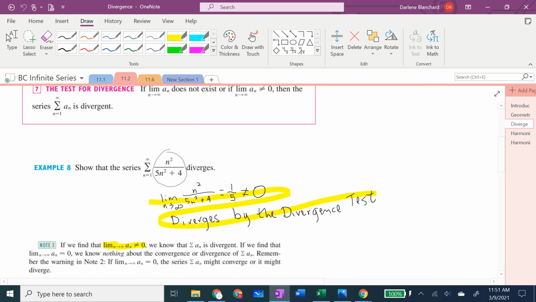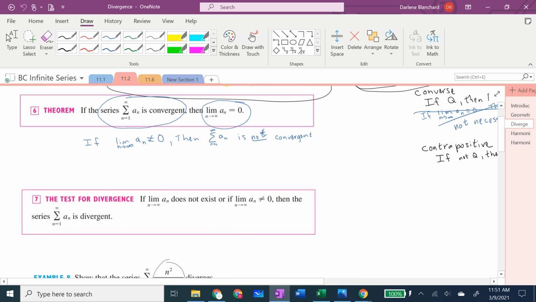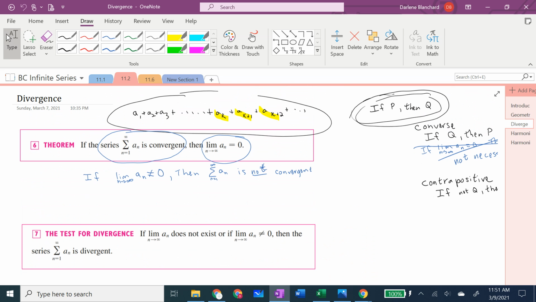The divergence test is only going to determine divergence. The contrapositive is true, but the converse is not necessarily true. So if your formula is approaching 0, that doesn't mean it converges.